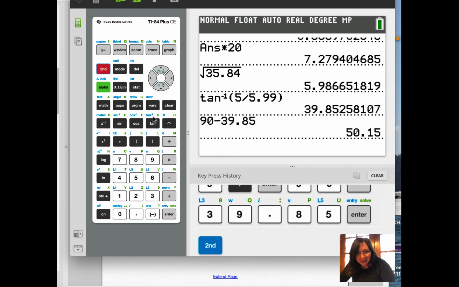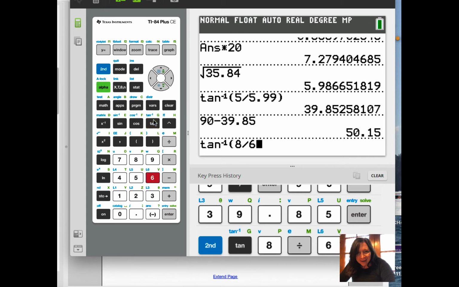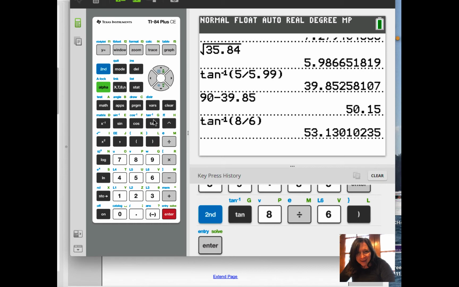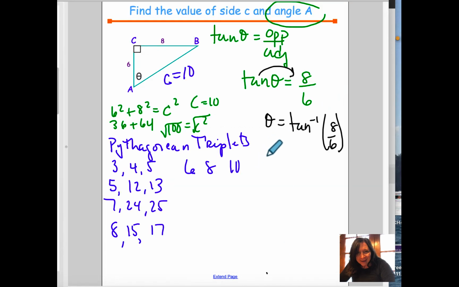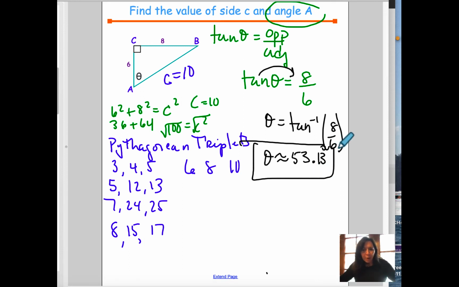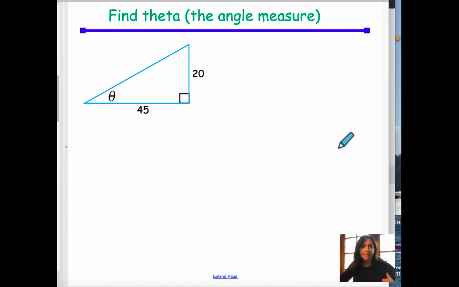So go back to your calculator and go 90 minus 23.96. That's 66.04 degrees. And so alpha is approximately 66.04 degrees.